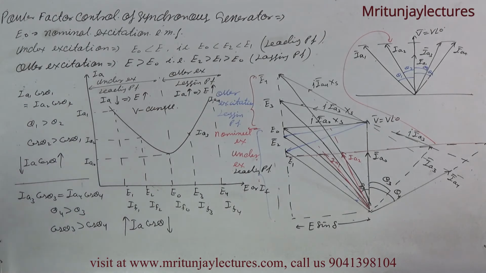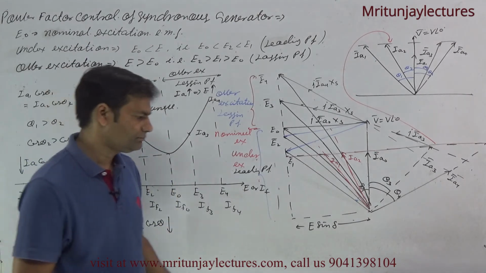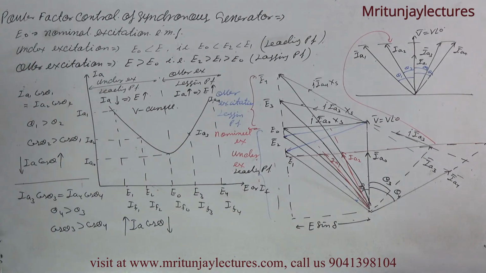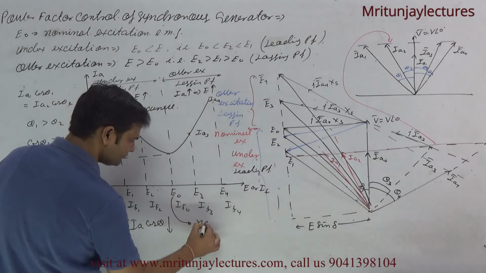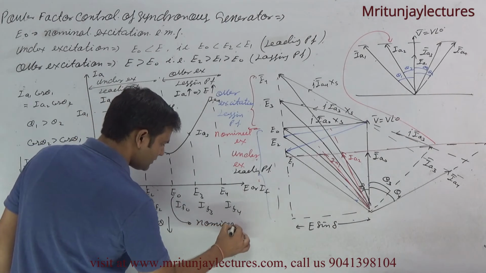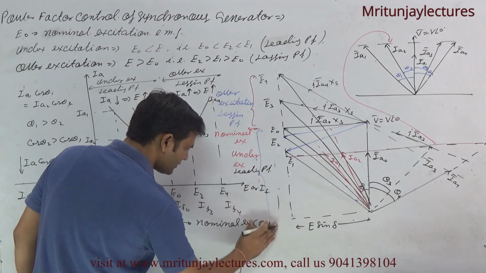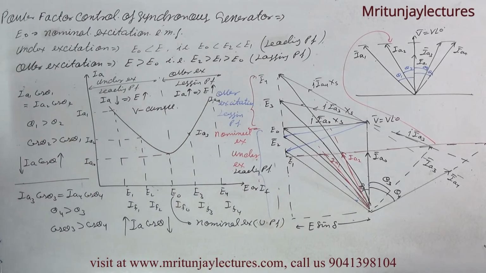Clear? First of all make it, after that we make the curve corresponding to power factor versus excitation. This one is called nominal excitation, or you can say UPF, that is unity power factor. Make it.